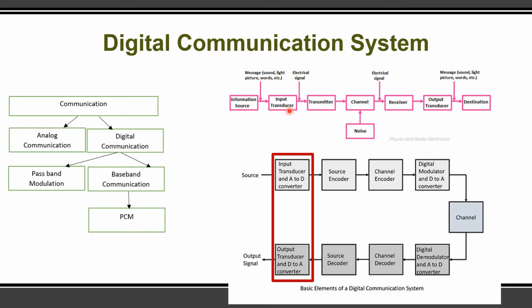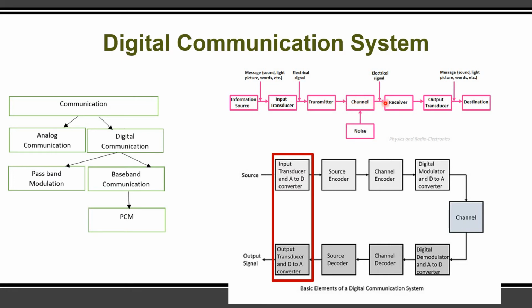That means whatever physical quantity is available on the input side is converted into an electrical signal by the transducer. Then that signal is directly applied to the modulator and amplifier. That analog signal is directly transmitted through the channel.